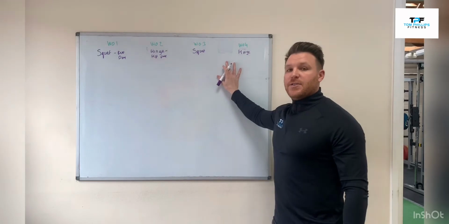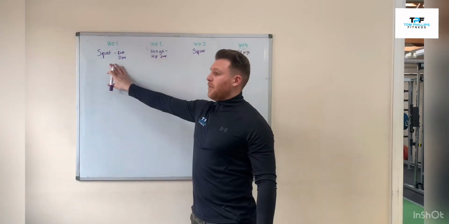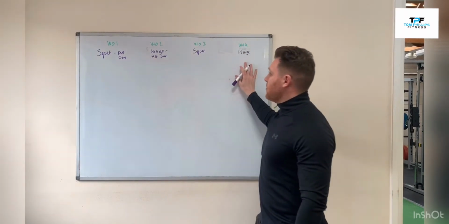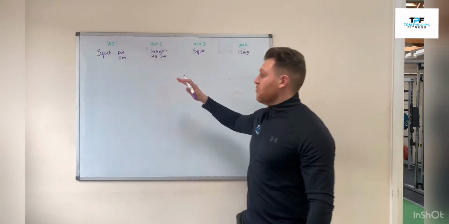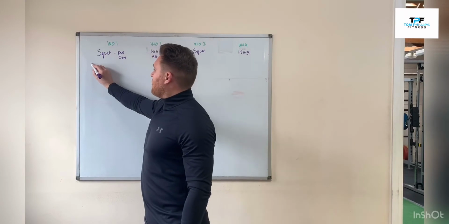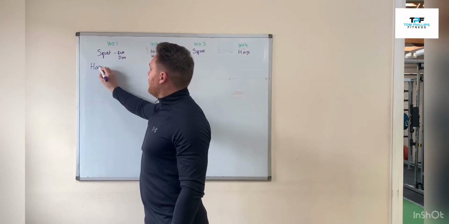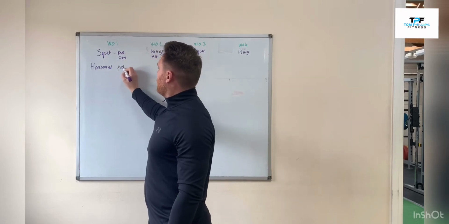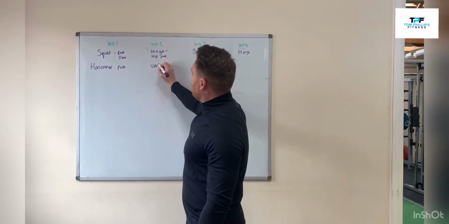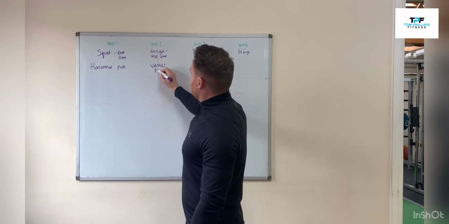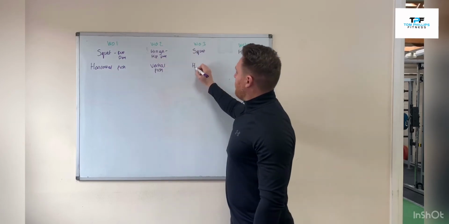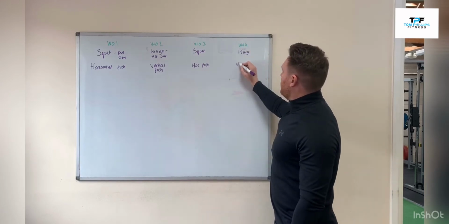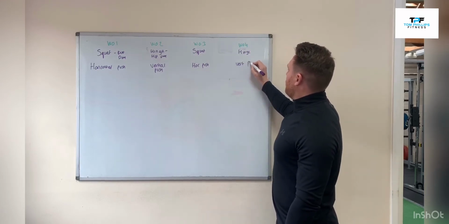So we've covered bases, we've hit our frequency, as in we're going to be training these movements twice per week, and we then just follow this same suit all the way through to hit our other major muscle groups. So next we could do something like horizontal push, vertical push, and then we just repeat that again. I'm just going to use some shorthand in there to make it a little bit quicker.